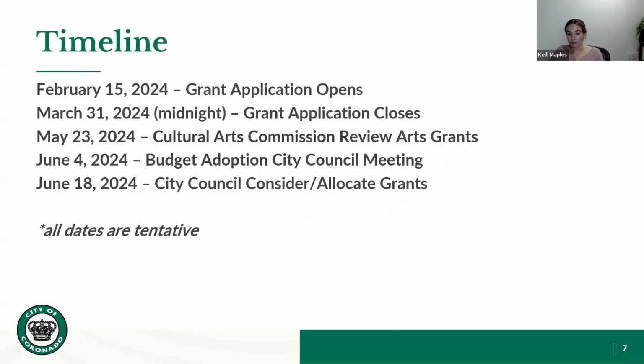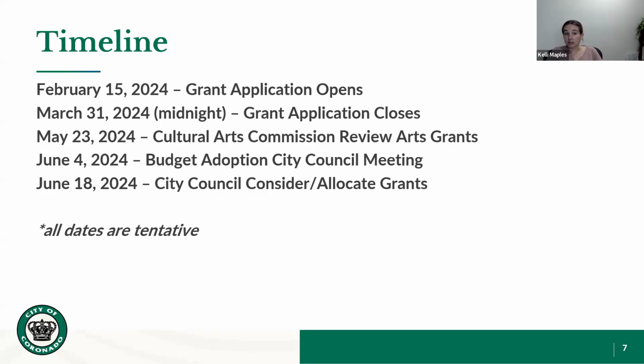Now let's go over the timeline for this year's grant program. The grant application actually opens tomorrow, February 15th. I will have it set to open probably about 8 a.m. Basically, whenever I get in the office, I'll turn it on. Then you'll be able to use the links on the website and access the application.